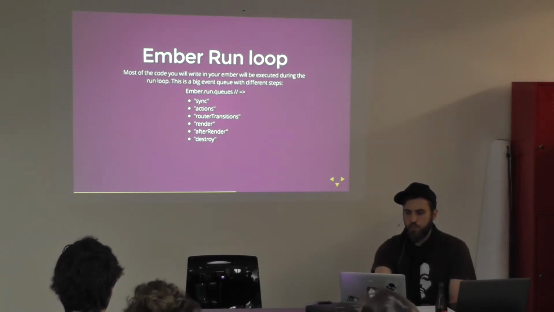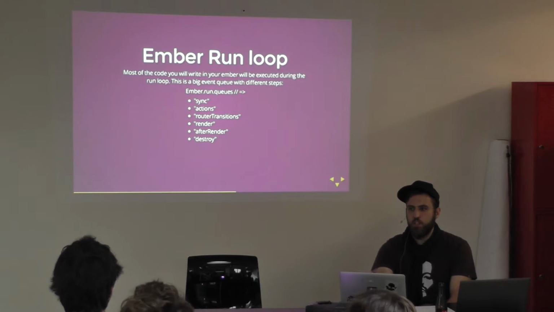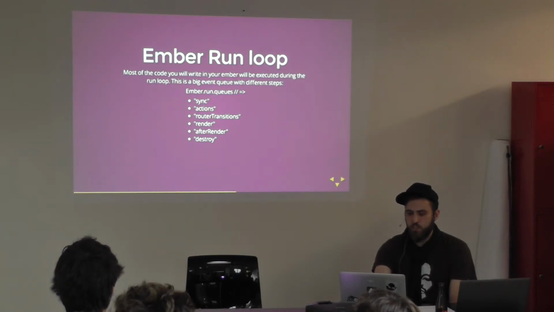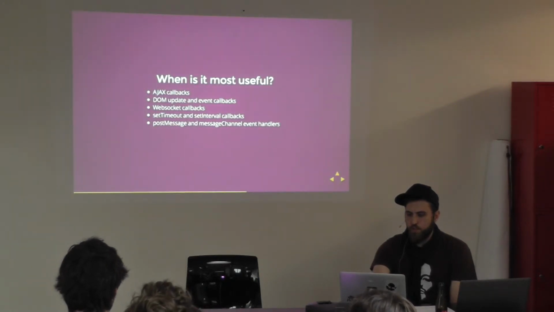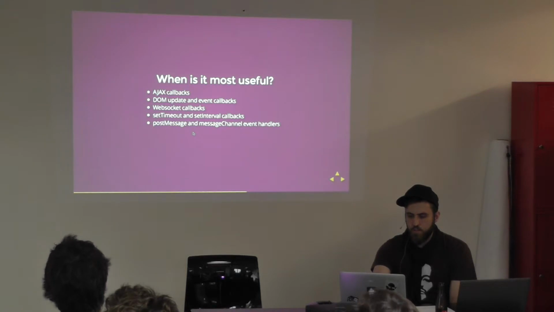Or, for example, when the template has been destroyed. When you transition to a new route, there's a callback when the template got destroyed, and then you can perform some actions there in that loop. And every single action that you execute is always run through that queue, actually. So it's useful for callbacks, the manipulation, sockets, callbacks, timeouts, and you see all that list there.